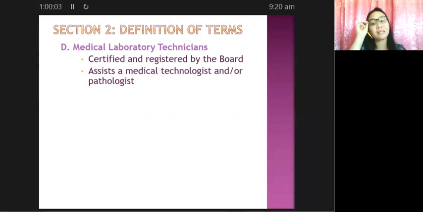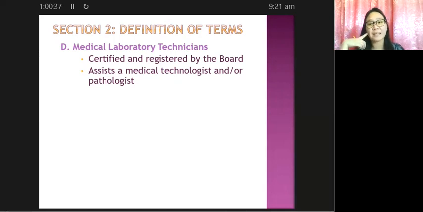So this is the one that I really want to emphasize a while back when we were discussing the provisions of your first definition. All right. So again, it says here, a medical laboratory technician can assist. So that means, can a medical laboratory technician perform or help in the performance of certain procedures in the laboratory? Yes.